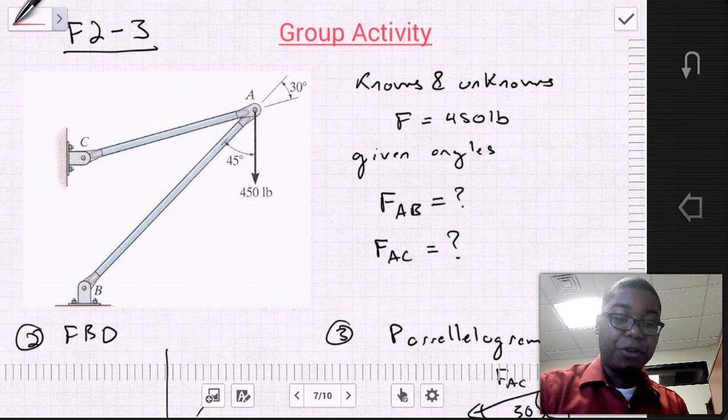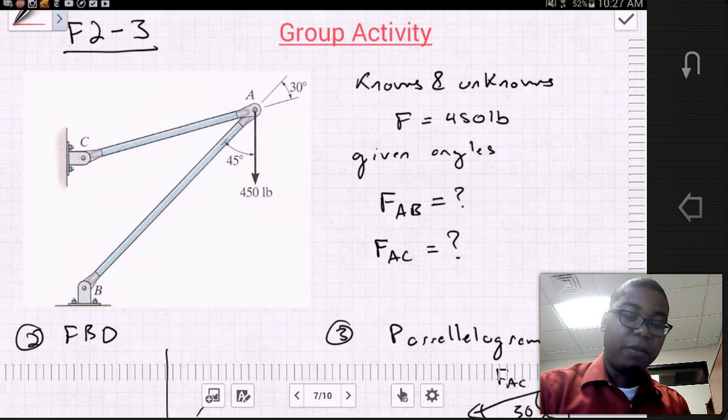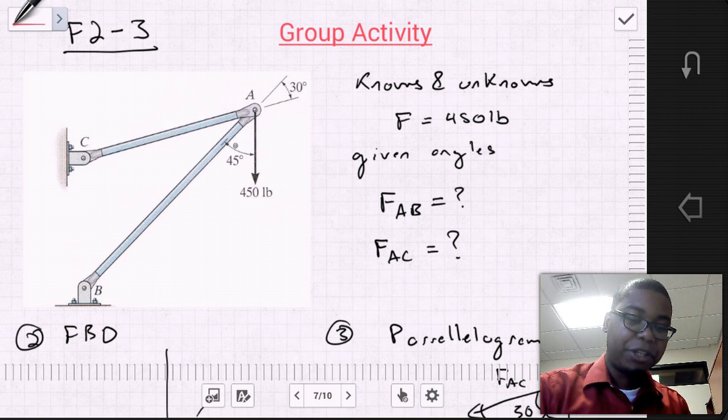You're given some angular information of the value of F relative to the direction AB. You're also given the angle between AB and AC, which is just this 30 degrees. And you need to find the magnitude FAB, from A to B, and FAC, from A to C, of the components.